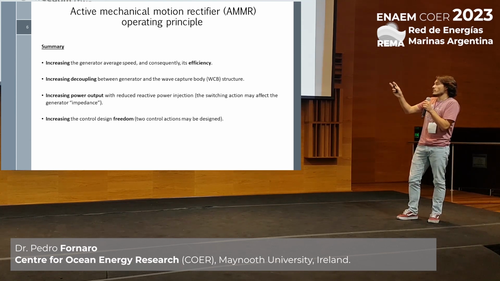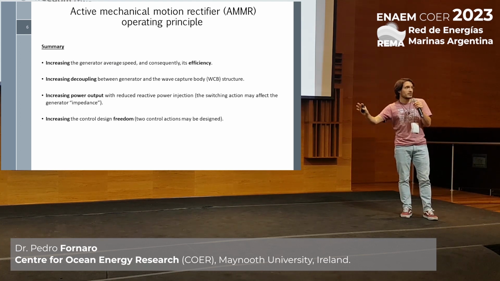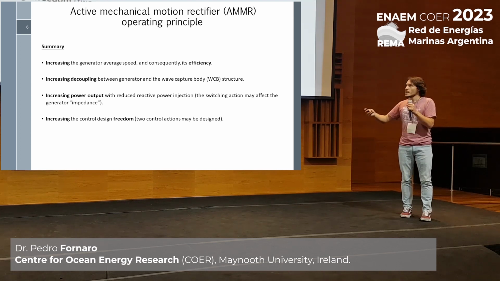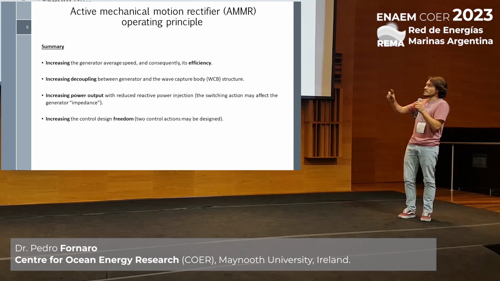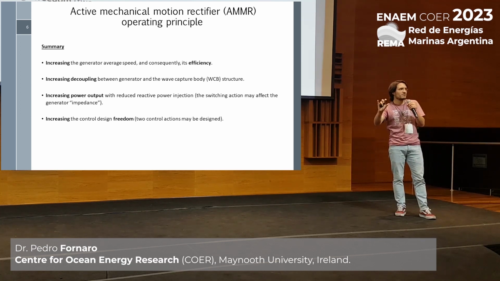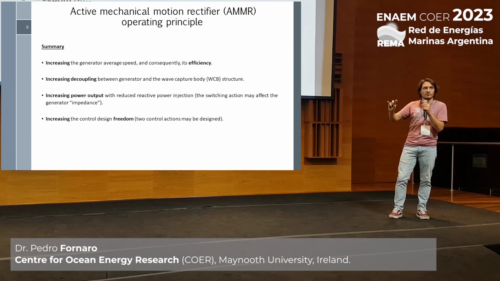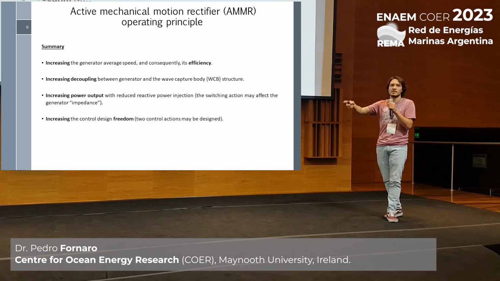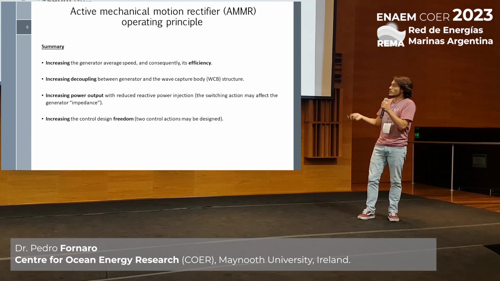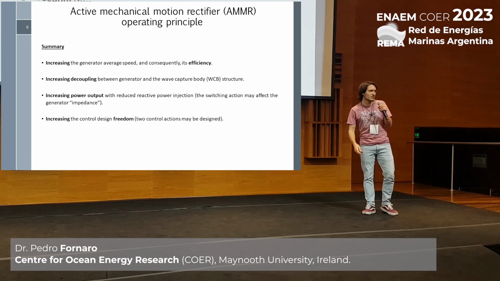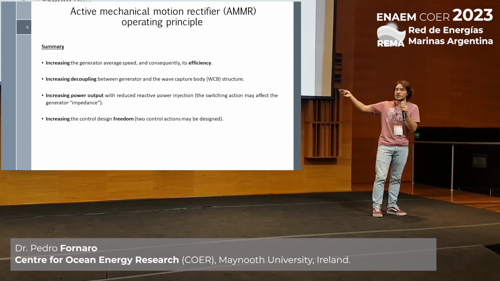Increasing the decoupling, this is very interesting because even though we have the generator's inertia connected, because we have an external flywheel in the system, the engagement and disengagement phenomena of the AMMR can help in decoupling both systems and reducing the effect of generator inertia in the produced energy. Increasing power output with particularly reduced reactive power injection. This is just regarding some preliminary results we have found.